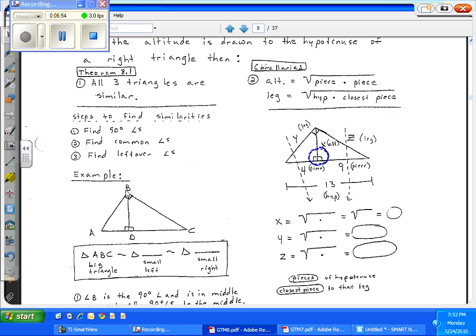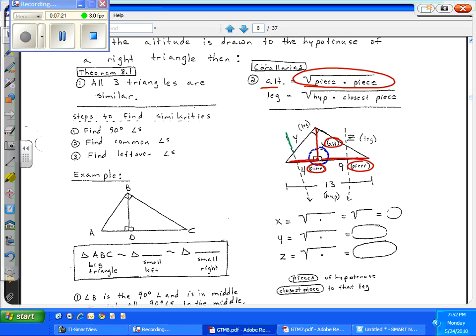Now, the way I help people learn this is if you draw a little circle, you've got all three pieces that go together. The altitude is a geometric mean between the two pieces of the hypotenuse. You see that that little blue circle hits all three of those? The altitude is the geometric mean between the two pieces of the hypotenuse.